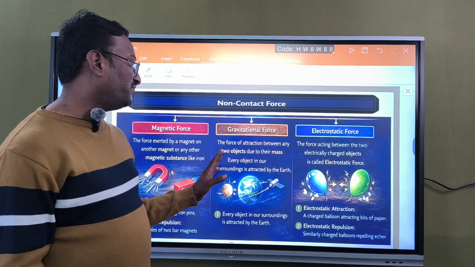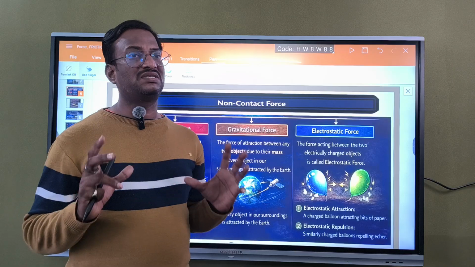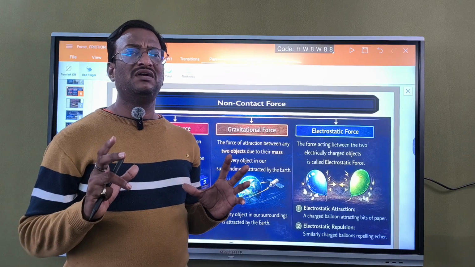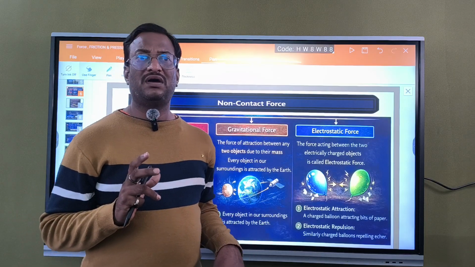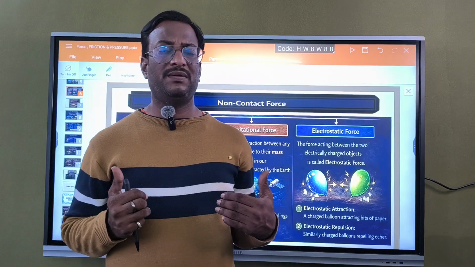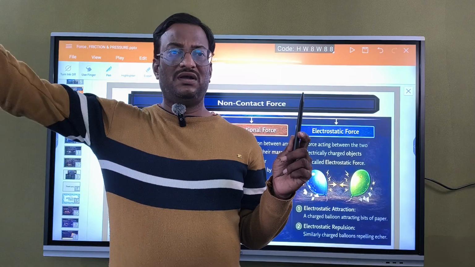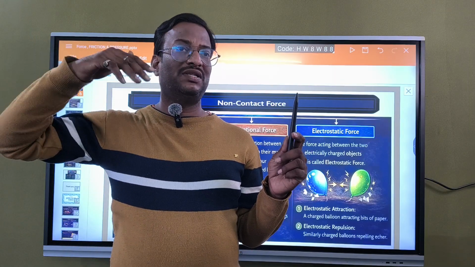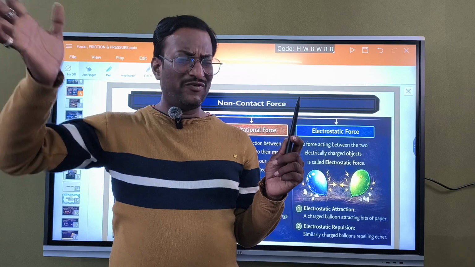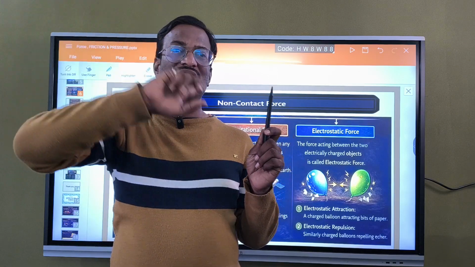The force of attraction between two objects due to their masses. Every body will have attraction with another body. Suppose I am here, the pen is here, and somewhere in North India there is one more stone or whatsoever body, there will be an attractive force between this body and that body.